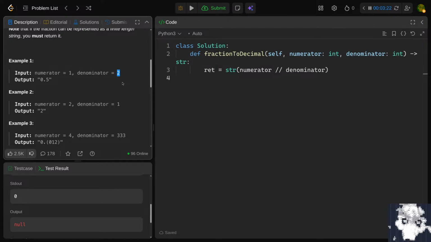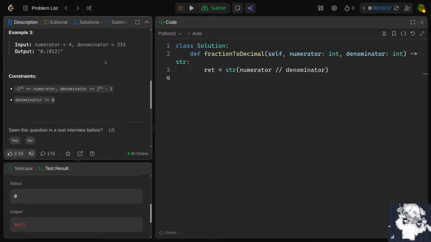So for 1 divided by 2, how do you end up with 5? Do we know that the numerator and denominator are integers?